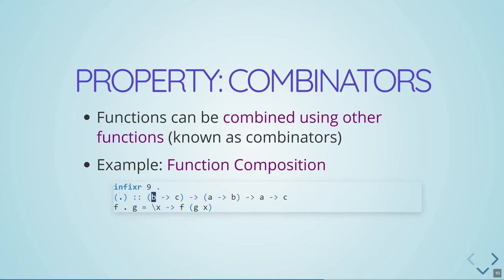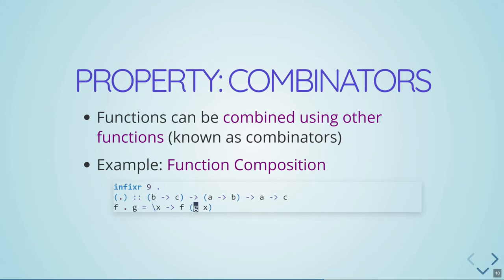Basically, what we do is take a function that takes a b and returns a c, and another function that takes an a and returns a b, okay? And then we take an a and return a c. So basically it's chaining those functions together. The simple way to define it is we take that a value, okay, and apply it to our second function, g here.